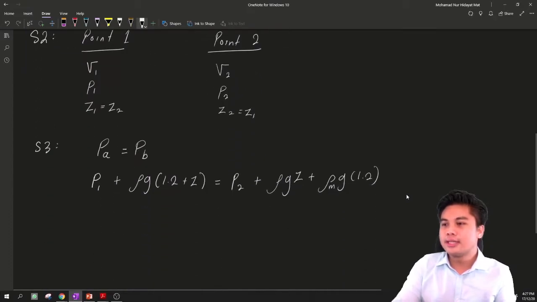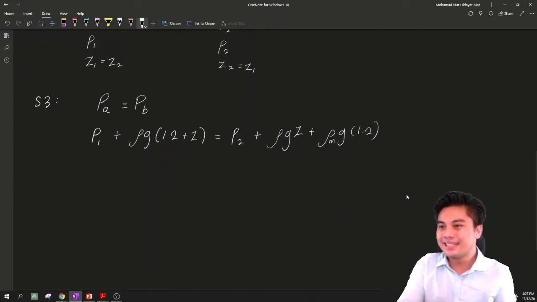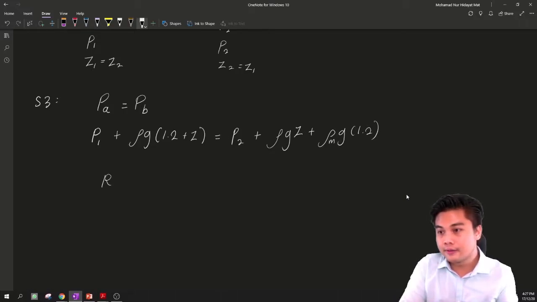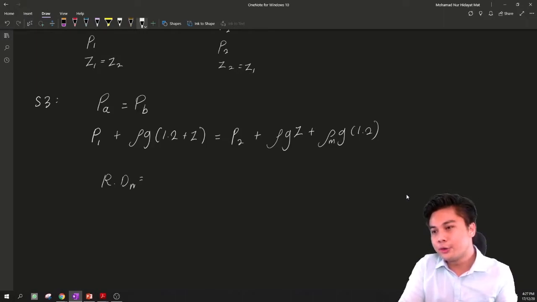And based on this equation, we know that the relative density of mercury is the density of mercury divided by the density of water.